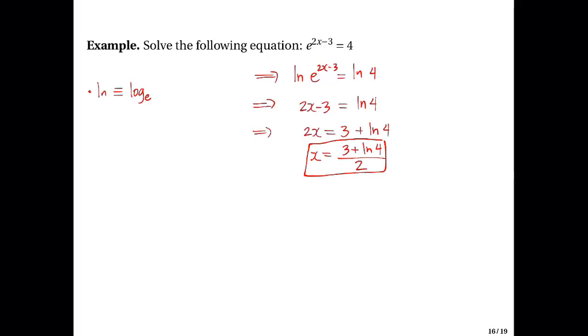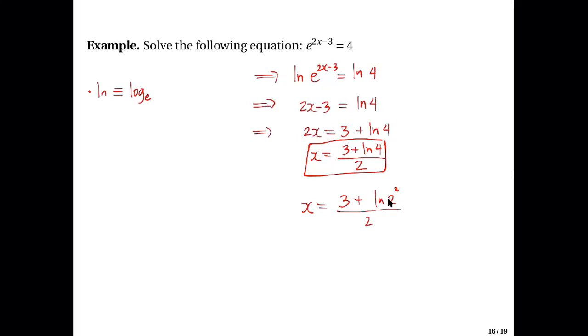But some students will do this. From here, you have ln of 4. You know that 4 is 2 squared. So let us continue from there. x equals 3 plus ln of 2 to the power 2, all over 2.